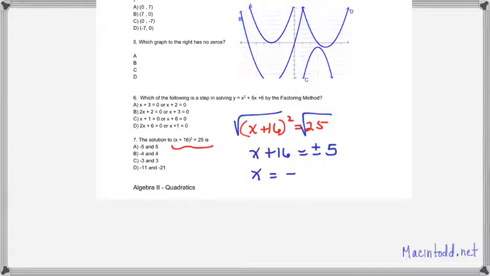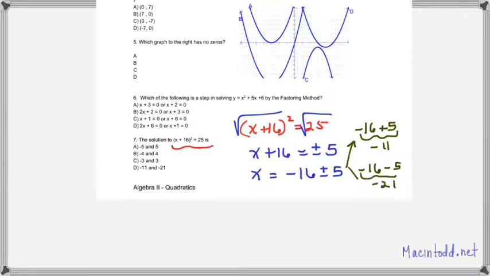So x is negative 16 plus or minus 5. Now you actually have to go through and figure these two answers out. The answers are negative 16 plus 5 and negative 16 minus 5. So this one gives me a negative 11, and this one gives me a negative 21. Okay, and that is answer D.